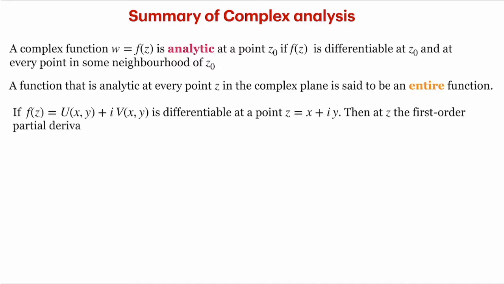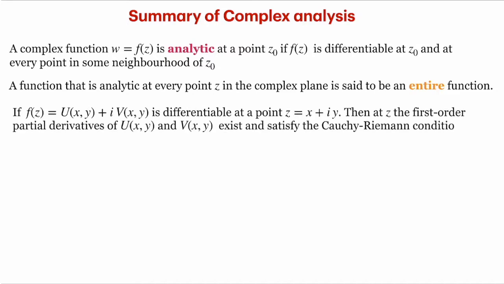So if f of z is equal to u of x,y plus i into v of x,y is differentiable at a point z equal to x plus iy, then the functions u of x,y and v of x,y would satisfy the Cauchy-Riemann condition.